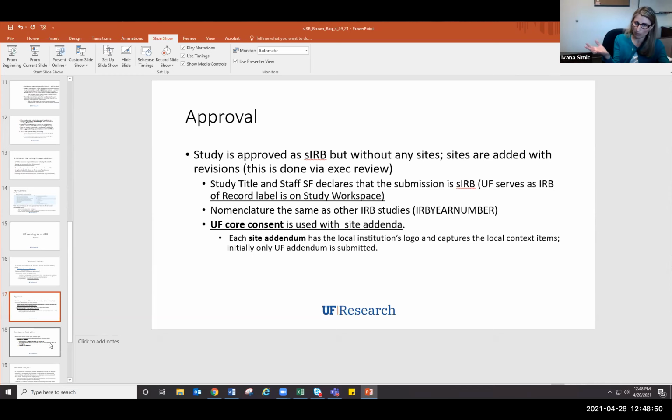So the study has to be approved by the single IRB first. And of course, with that approval comes UF as a site that's built in. Now, after the study is approved, then the reliance is established with relying sites, and then they're added. The site onboarding goes through revisions.